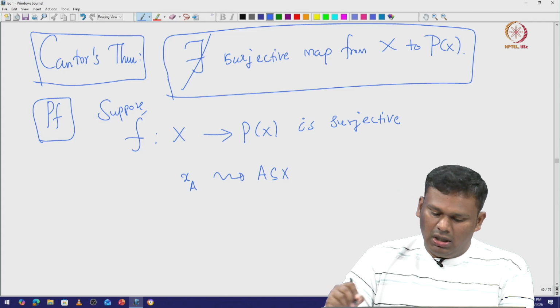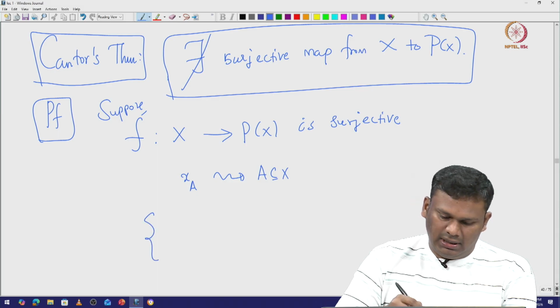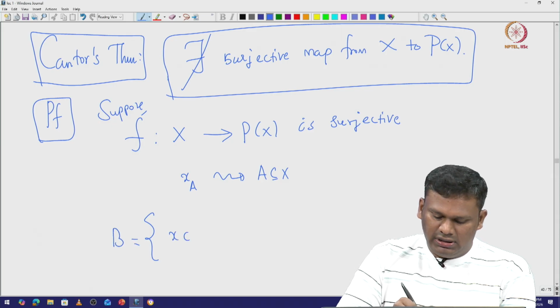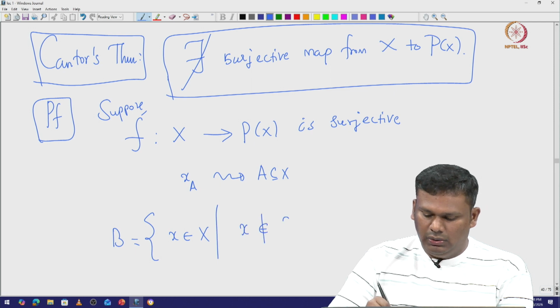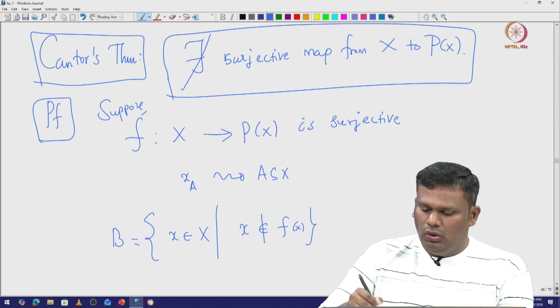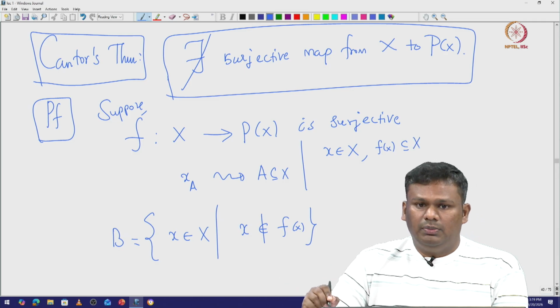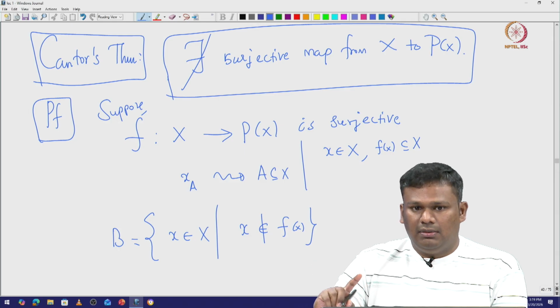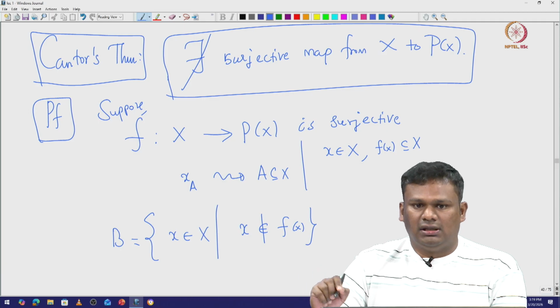Now what can I do? I can collect a subset of capital X, let us call it B. This is those x in X such that x does not belong to f of x. Note that given x in X, f of x is indeed a subset of capital X. Since it is a subset of capital X, I can talk about x being an element of capital X, whether it is in that subset f of x or not.